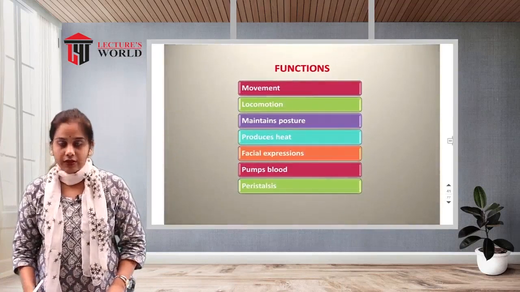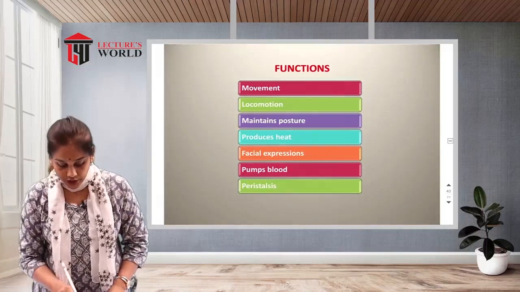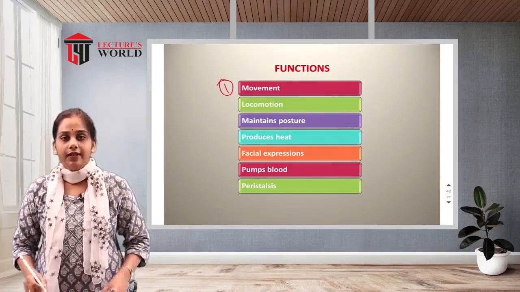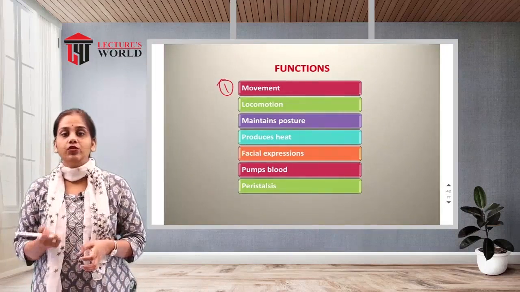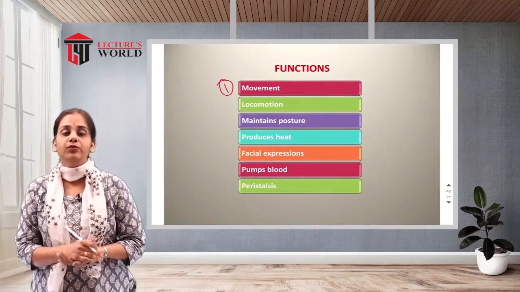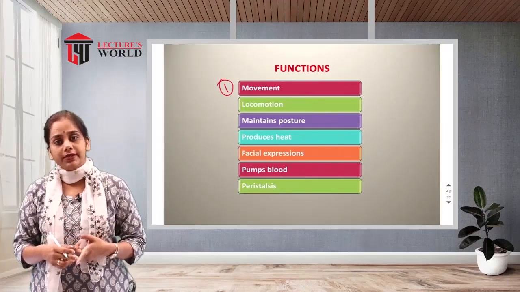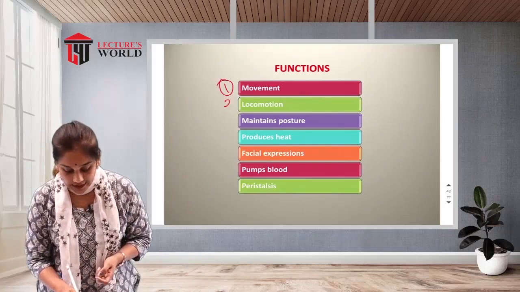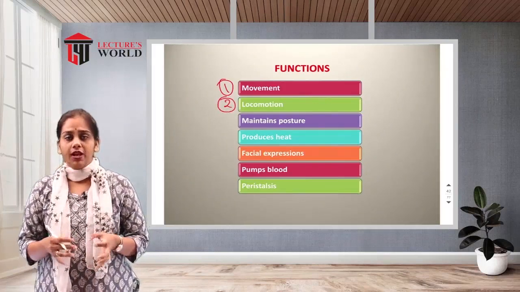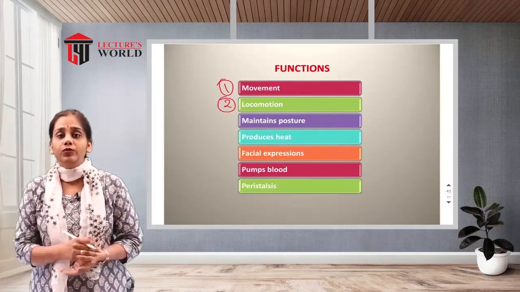Now we will see the functions of the muscle tissue. The first one is movement. Because of the muscles we can move our hands and our legs. So movement of the body parts is because of the muscle tissue. The second one is locomotion, the ability to do movement.